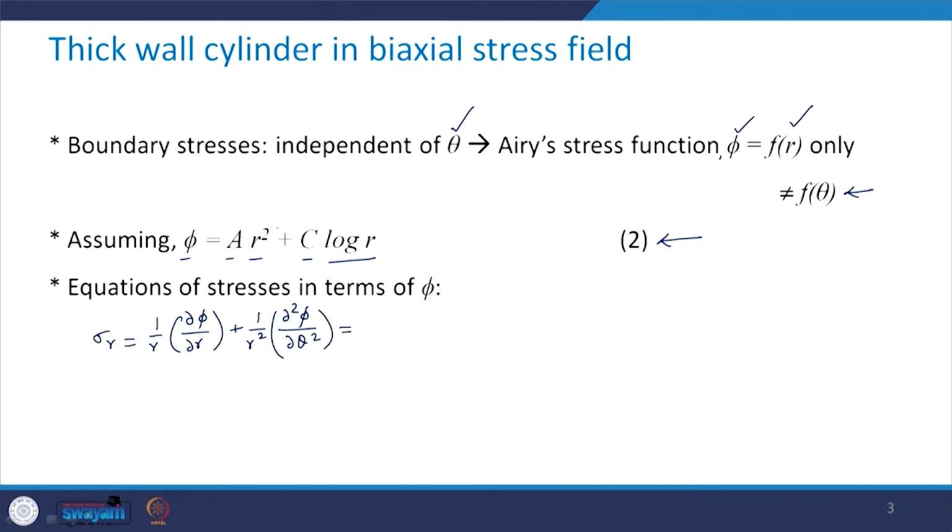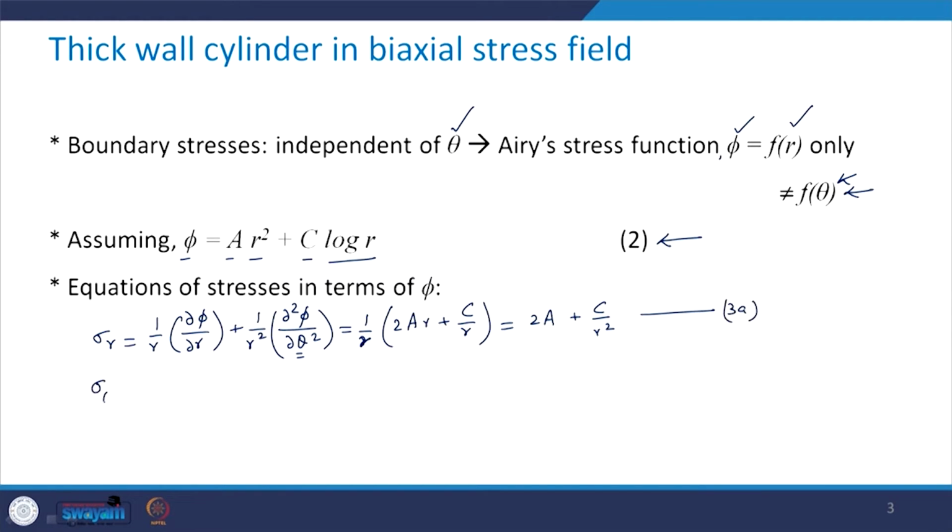Just substitute this expression for phi here. So, what you will have here is 1 upon r and 2ar plus c upon r, and this is the differentiation with respect to theta, and since phi is independent of theta, this term will become equal to 0. So, this is going to be 2a plus c upon r square, equation 3a.